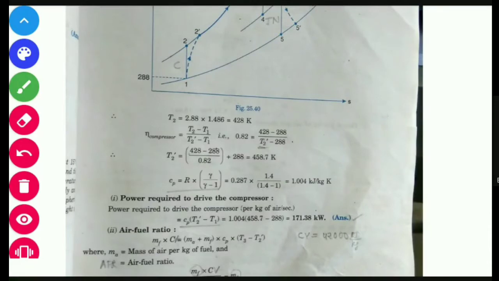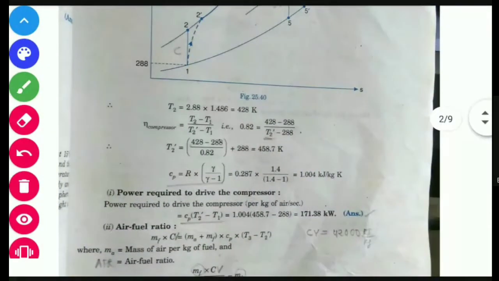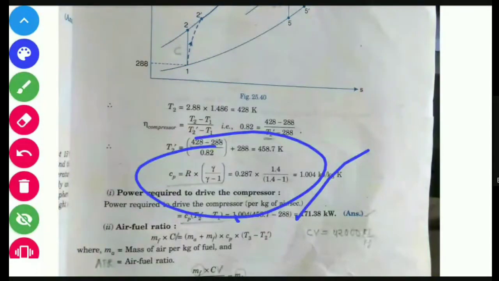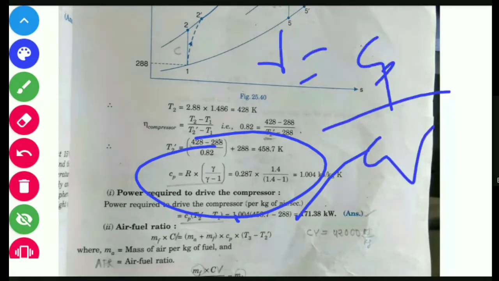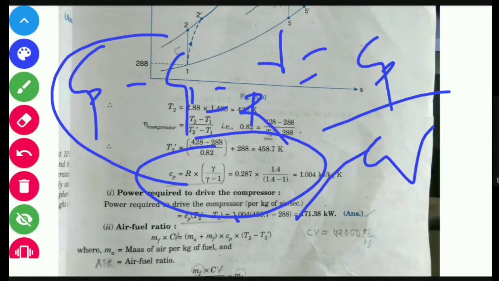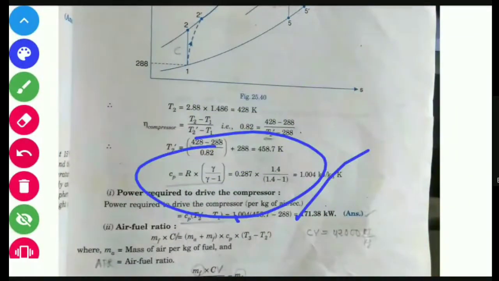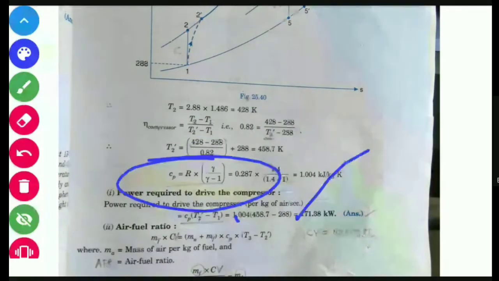You know the relation between gamma, Cp and R: Cp equal to R into gamma by gamma minus 1. We have the formula gamma is equal to Cp by Cv, and Cp minus Cv is equal to R. From these two formulae, the final direct formula to find Cp is R into gamma by gamma minus 1.